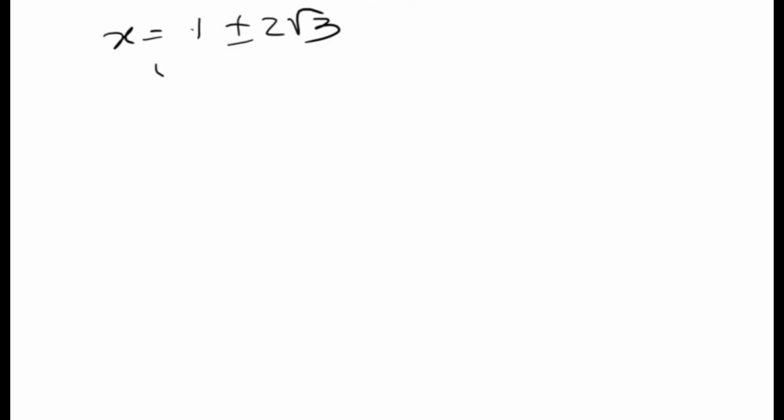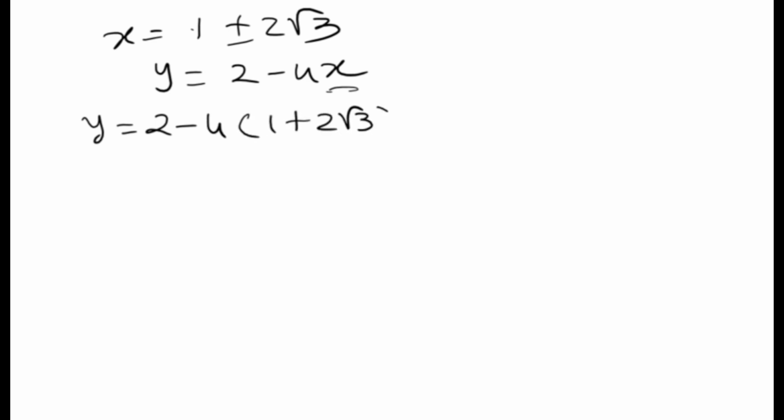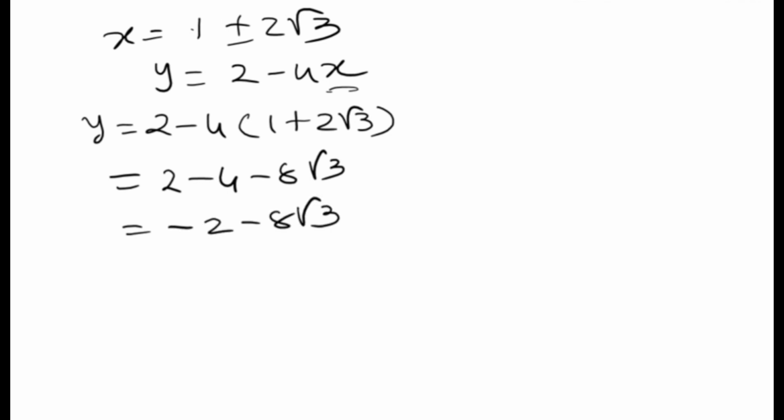In that I will substitute the value of x. So y is equal to 2 minus 4 into 1 plus 2 root 3. Simplify it: 2 minus 4 minus 8 root 3. So that will give me minus 2 minus 8 root 3.